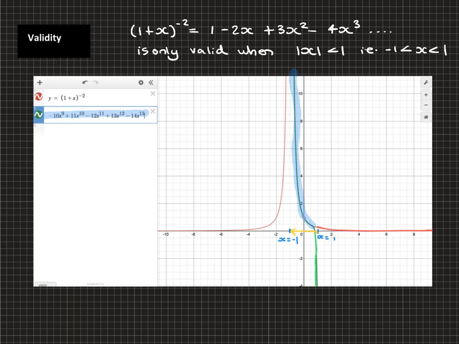As you can see, looking at the yellow arrow on the diagram, that is where the expansion, which is the green curve, matches the original function y equals 1 plus x all to the power of negative 2, which is the red curve, very closely. When you move outside of that region, you do not get a nice close fit between the two.